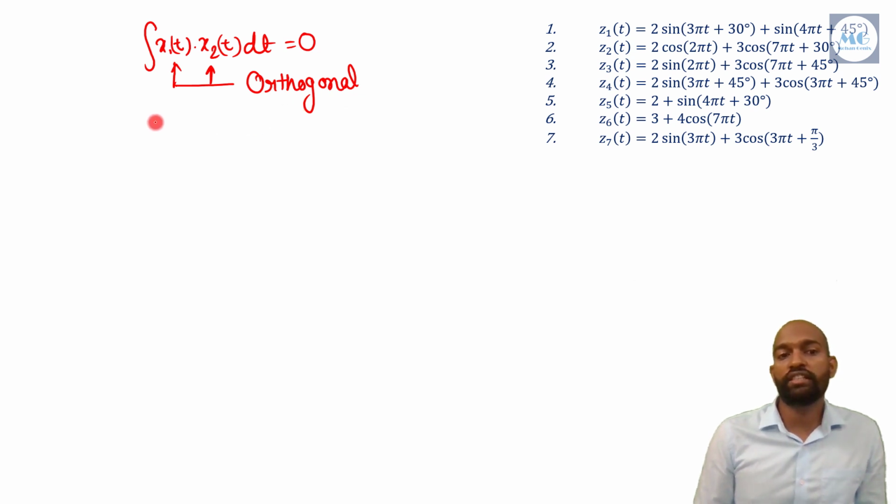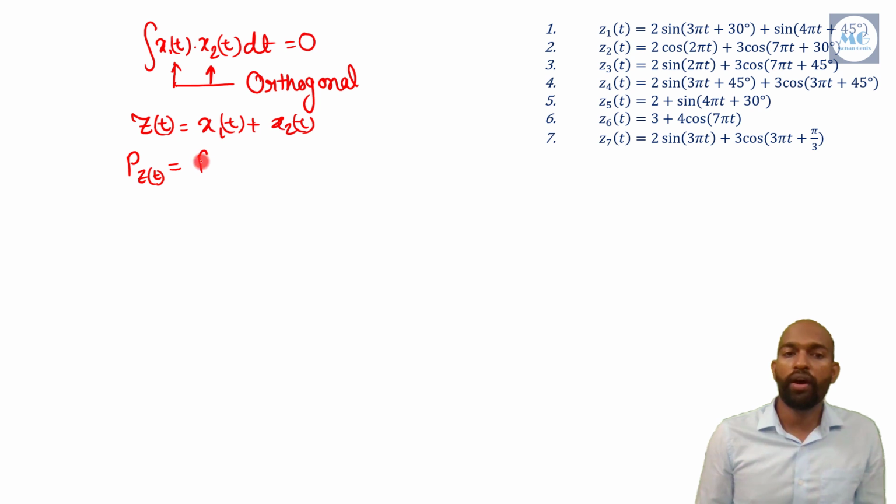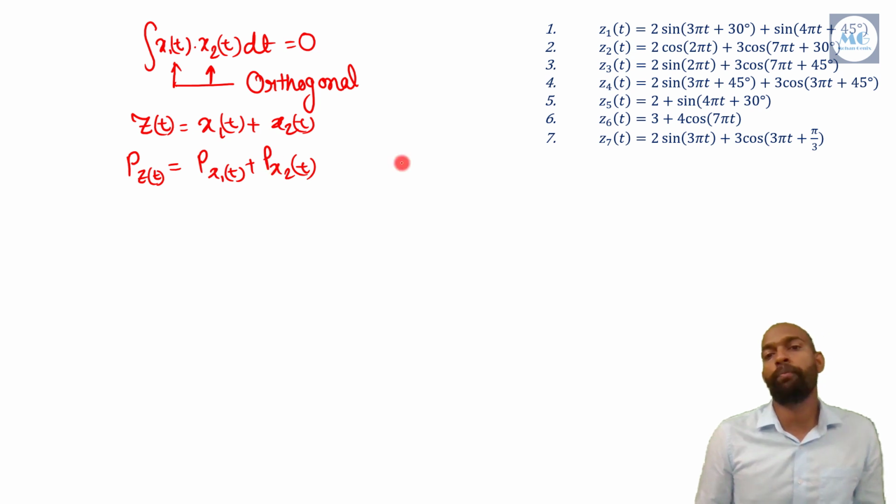If two signals are orthogonal and z(t) is a signal which is x1(t) plus x2(t), then we can write the power of z(t) as the power of x1(t) plus the power of x2(t). So using this concept, we will solve these questions one by one.